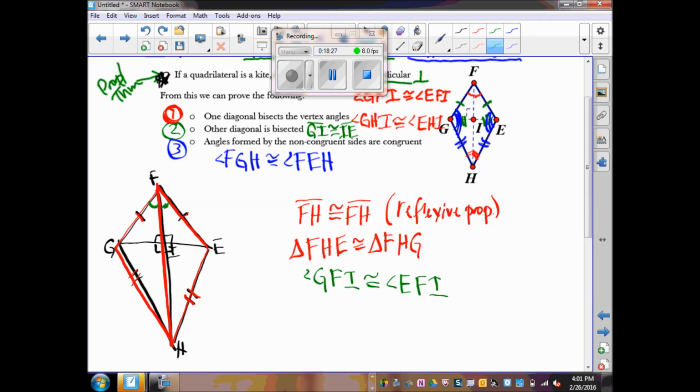Oh look, isn't that part of number 1 here? So we have that, and then also we know these two pieces to be true. All right, so we have GHI is congruent to EHI.